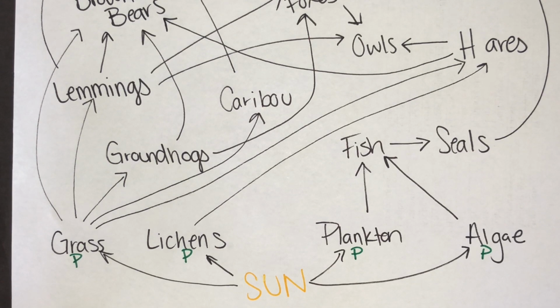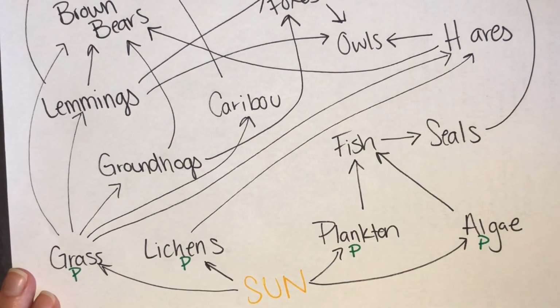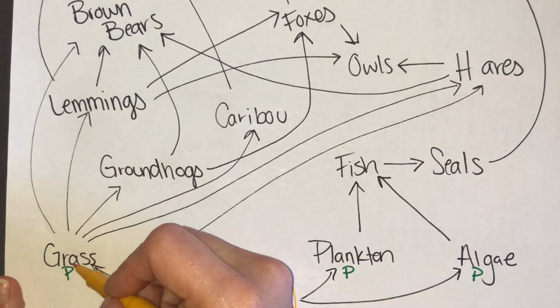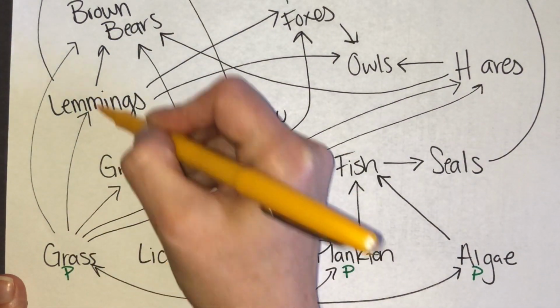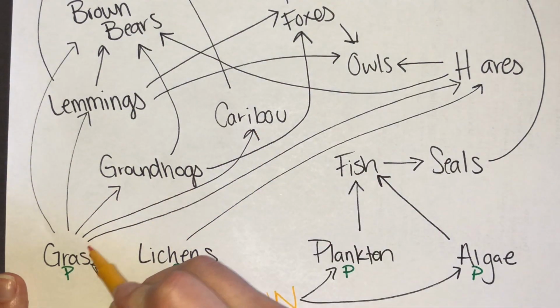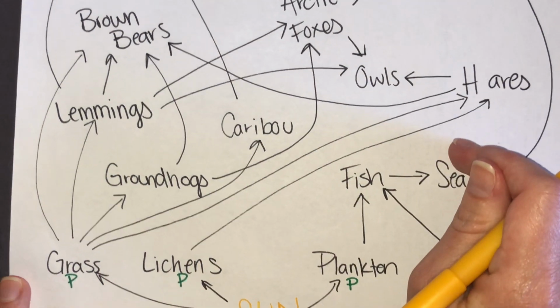Okay? Next, I have my primary consumers. Those are everything that eats a producer. So, brown bears, lemmings, groundhogs, caribou, and hares all eat grass.